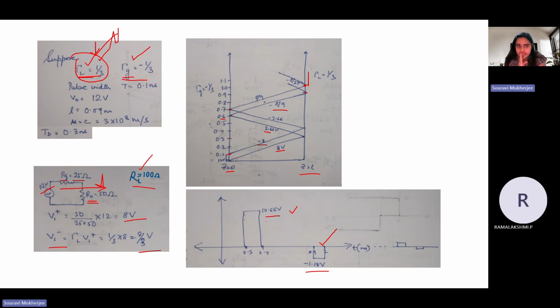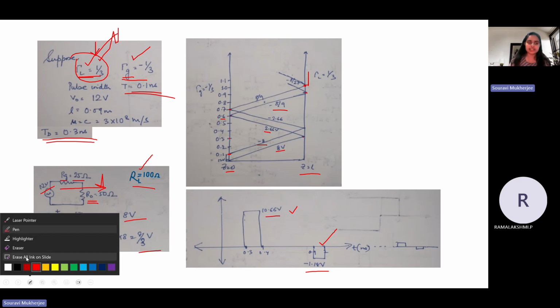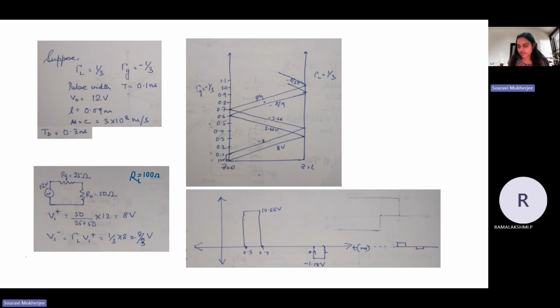And that is happening because of these multiple reflections and the impedance mismatch, and the fact that your pulse width is smaller than the time it is taking for the transmission to happen. Okay. So this is not a very good combination, as you can see. So that's how you can calculate and then use this calculation to design your transmission lines or your circuits accordingly. Okay.